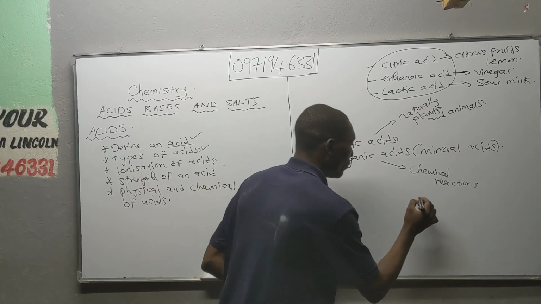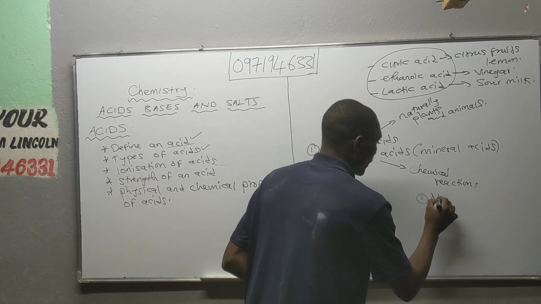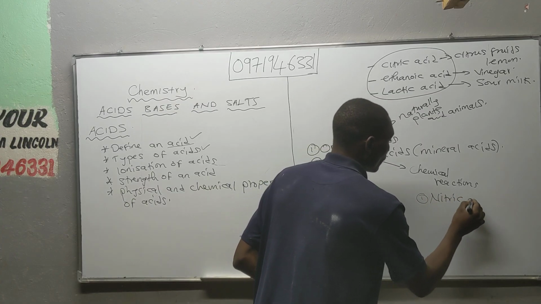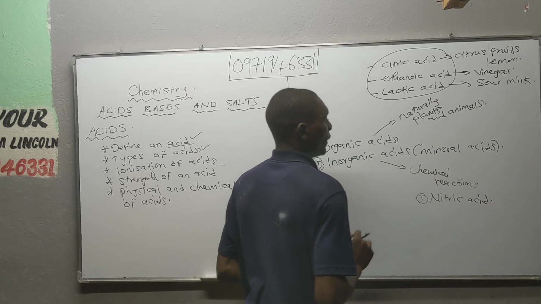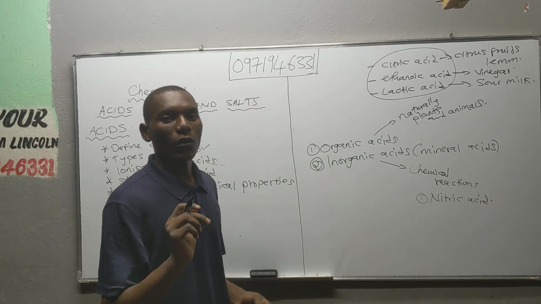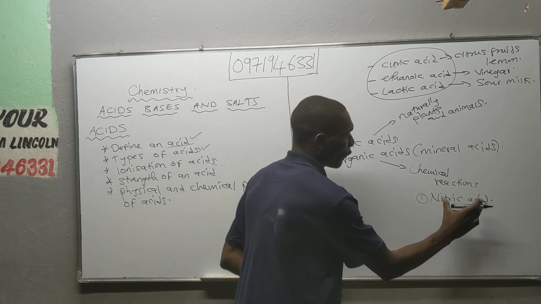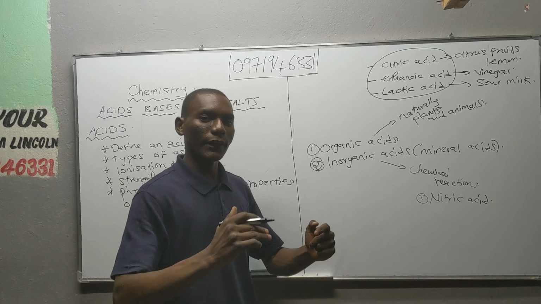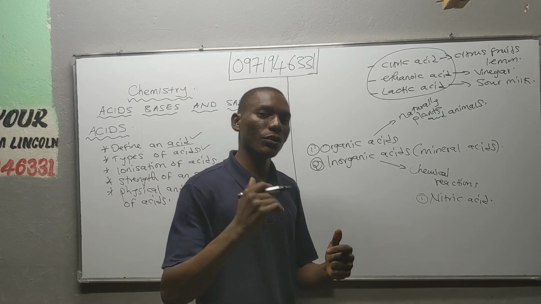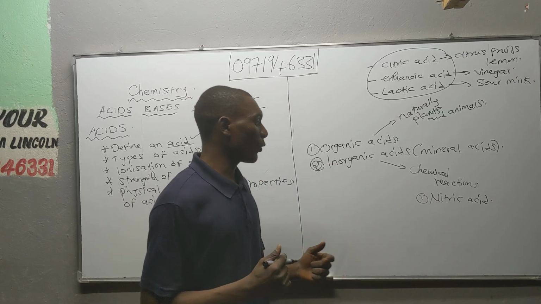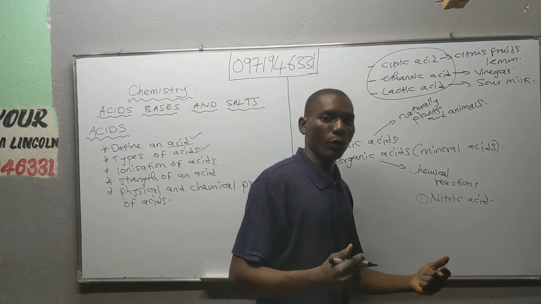For example, we have nitric acid. Nitric acid is an example of an inorganic acid because for you to make nitric acid, there are certain chemical reactions that you need to carry out in the process known as the Ostwald process.